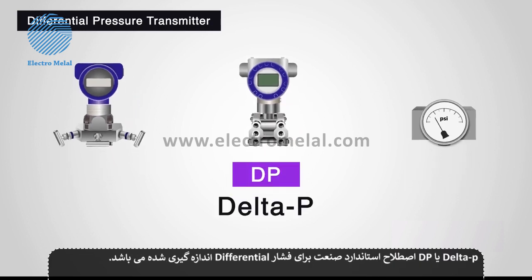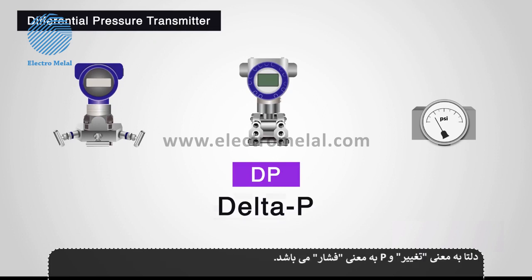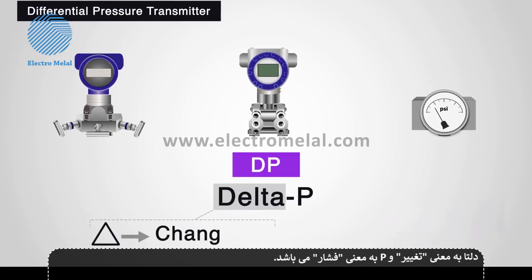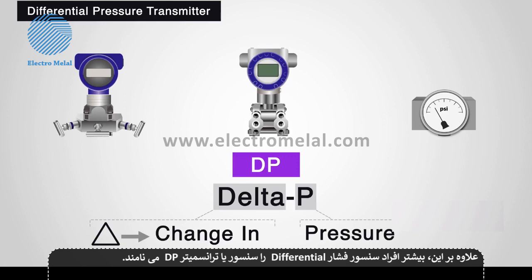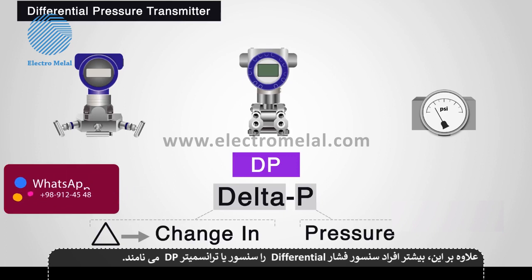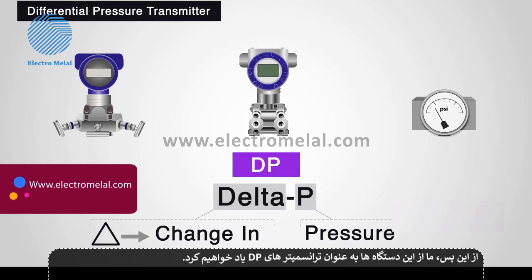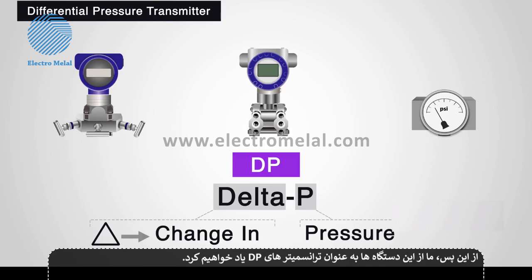Delta P, or dP, is the industry standard term for the measured differential pressure. Delta, meaning change in, and P, meaning pressure. In addition, most people will simply call a differential pressure sensor a dP sensor or transmitter. From now on, we will refer to these devices as dP transmitters.